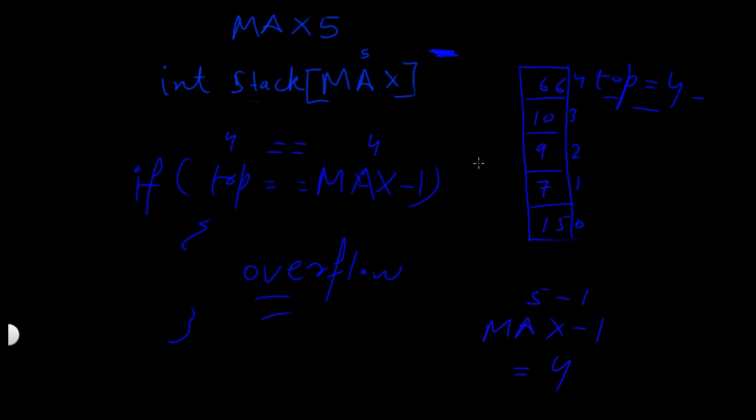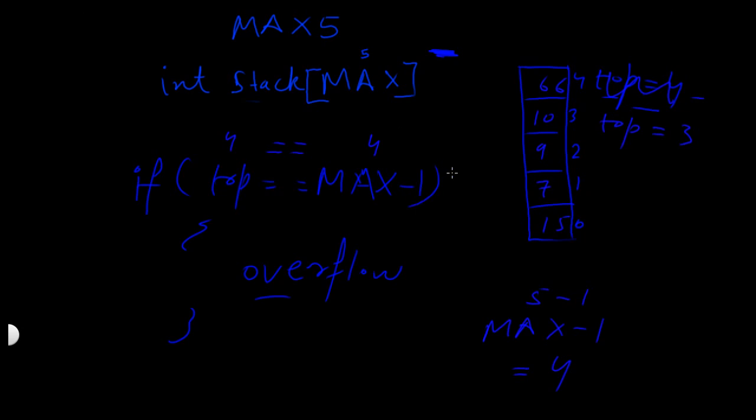Now let's say the value of top is 3, and let's check this if statement. This if statement will check, is the value of top equal to max minus 1?